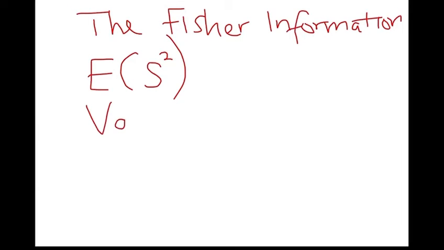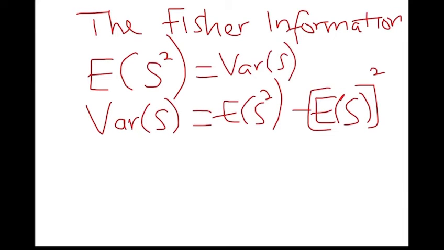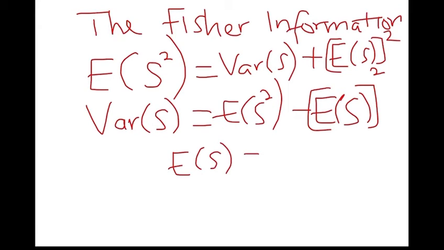From the knowledge of statistical theory, the variance of X is the expected value of X squared minus the expected value of X, squared. So that implies the variance of S is equal to the expectation of S squared minus the expectation of S, all squared. And of course, I told you the other time, the expectation of S is equal to zero.